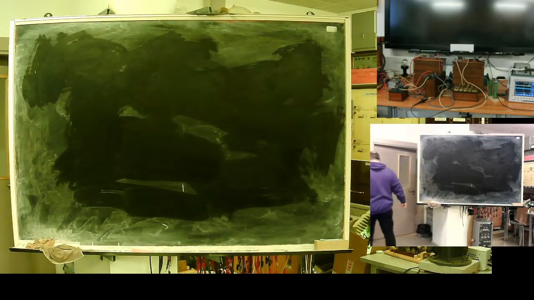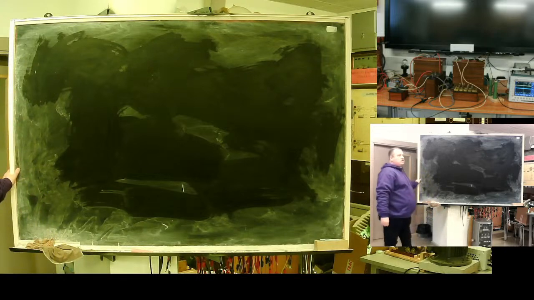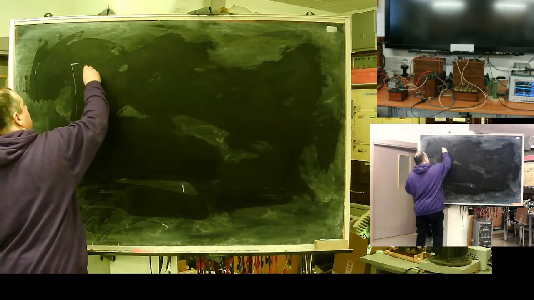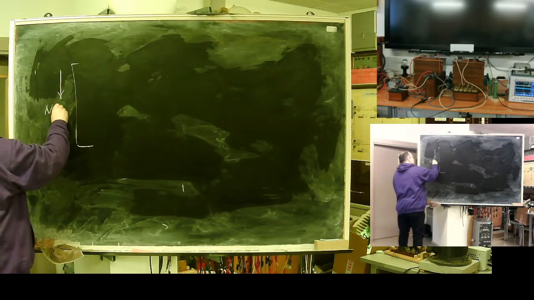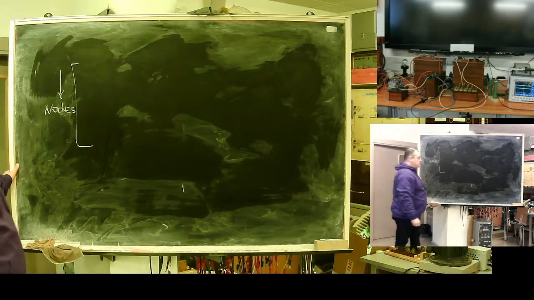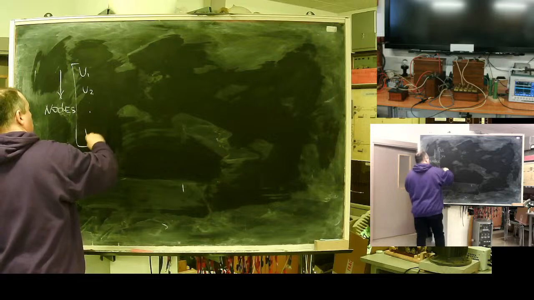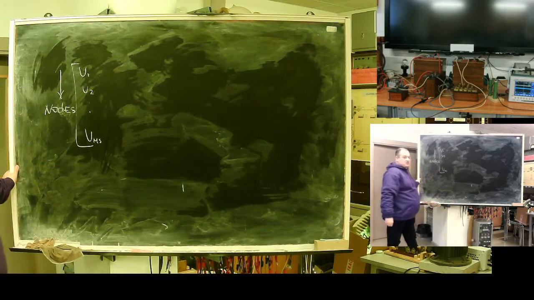So for each voltage, in general, I will have a kind of voltage matrix where the first dimension will be nodes. Voltage at the first node, voltage at the second, up to the number of nodes.